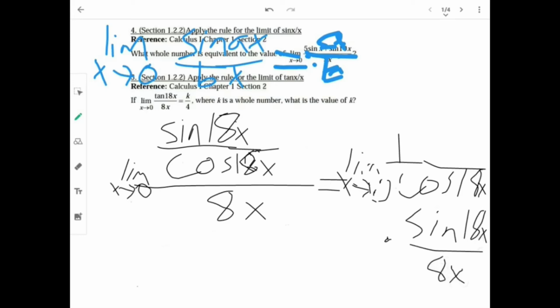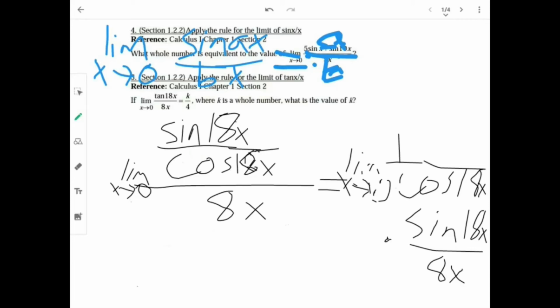So for cosine, you can just substitute in 0, so it's no problem. But for sin 18x over 8x, you cannot substitute 0 because the denominator will be 0 and you cannot divide by 0. So you have to use the sine rule of limit, where it will be a over b, as you can see above.